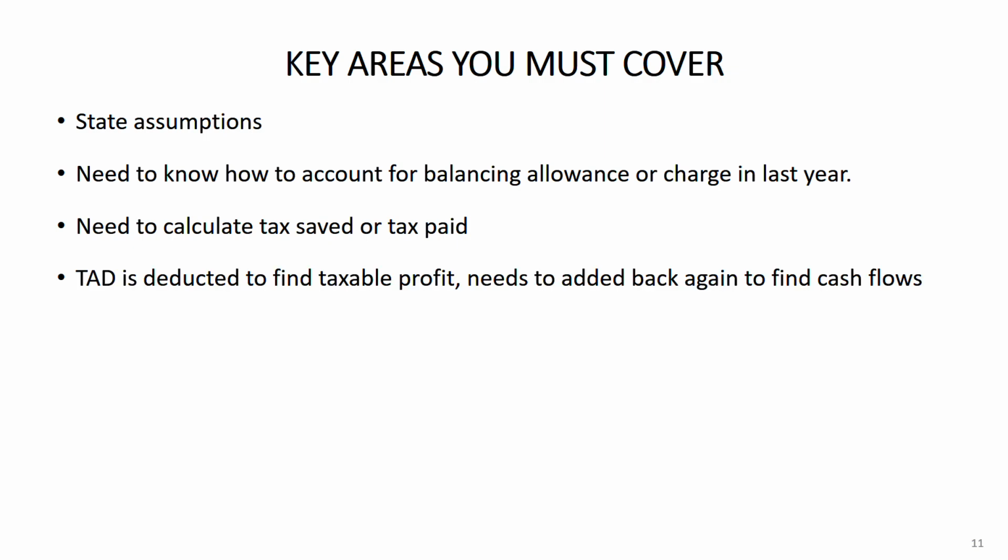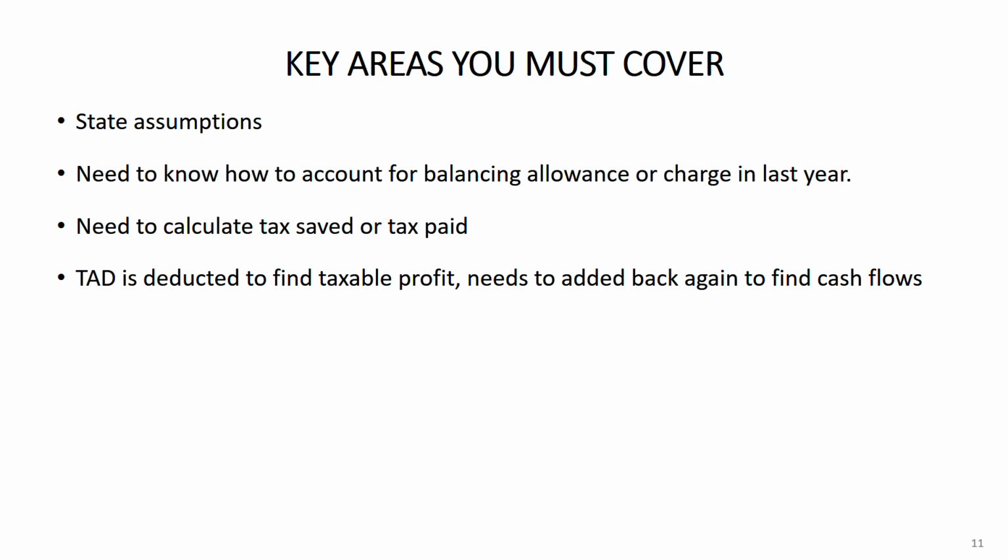Next, this is very important. This is the key. Tax allowable depreciation is deducted to find taxable profit. First you take your sales revenue and you deduct your cost. From that, again you deduct your tax allowable depreciation to find your taxable profit, and on that you find tax.